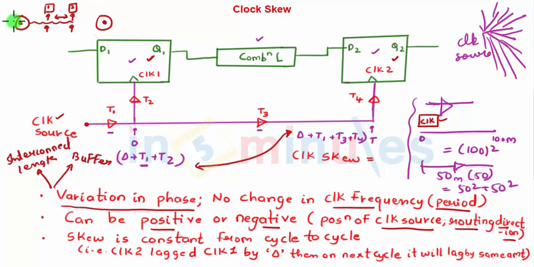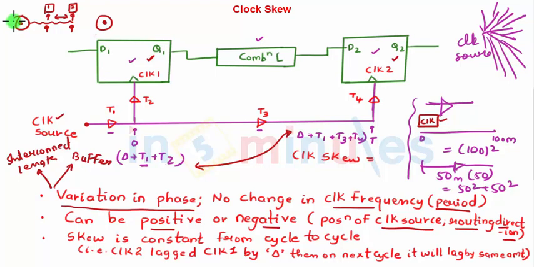And very important, clock skew is constant from cycle to cycle. Remember, in clock jitter, it was a temporary variation of the clock period. Sometimes the clock period could be less than t, sometimes greater than t, and so on, and it keeps on varying for each cycle. Whereas clock skew, because it does not alter the frequency or period, is constant from cycle to cycle.